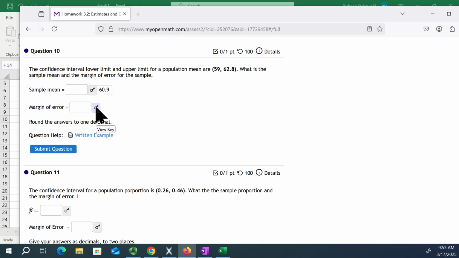Add them, divide by 2. The middle is 60.9. What is the margin of error? 60.9 down to 59 and up to 62.8. Subtract 59 from that. 1.9. 1.9 up, 1.9 down.